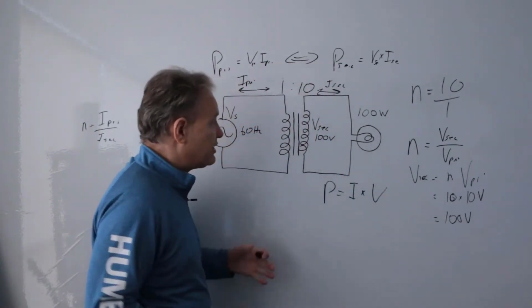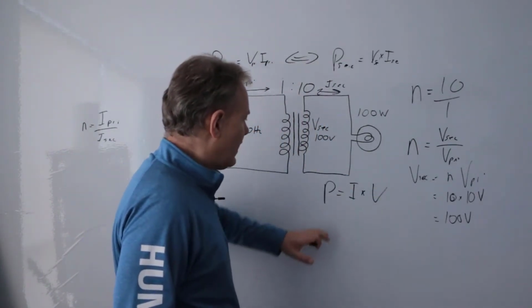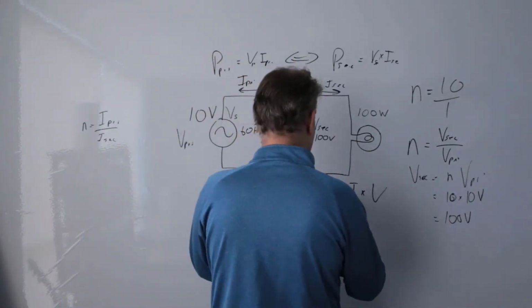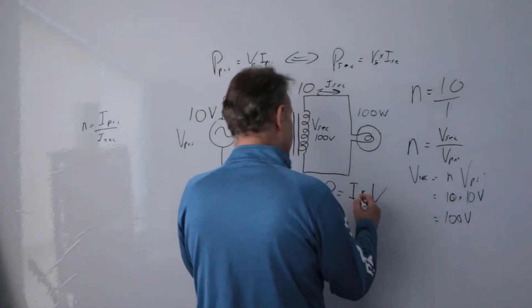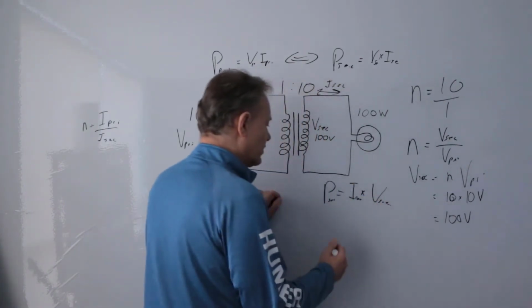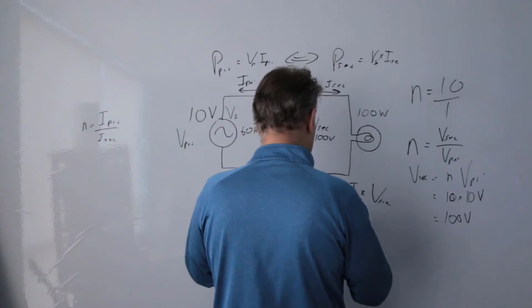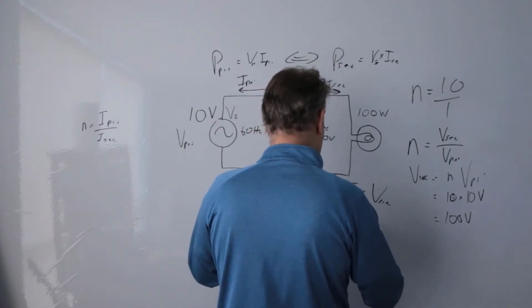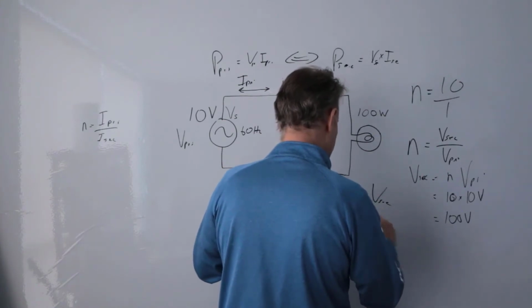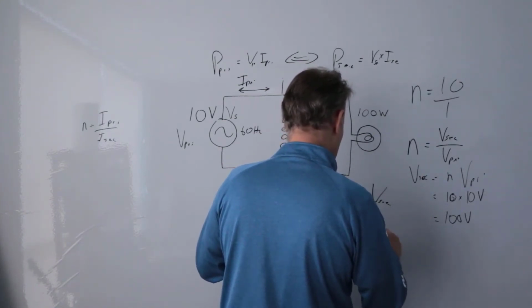If I get specific about the power on this side, I have to use proper subscripts. So the secondary power is the secondary current times the secondary voltage. I'm going to rearrange that: I secondary equals power secondary over voltage secondary.